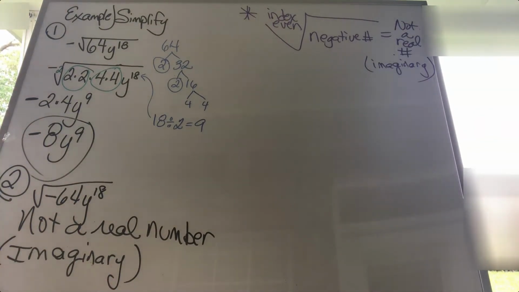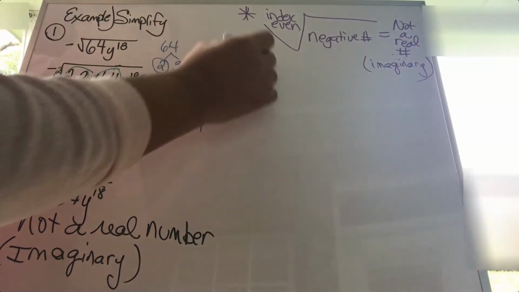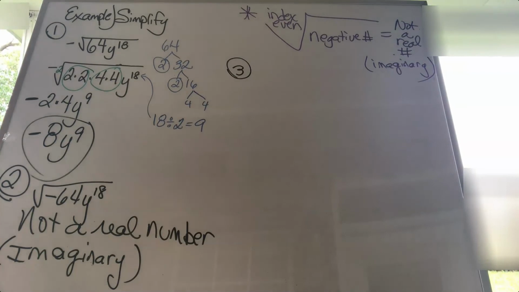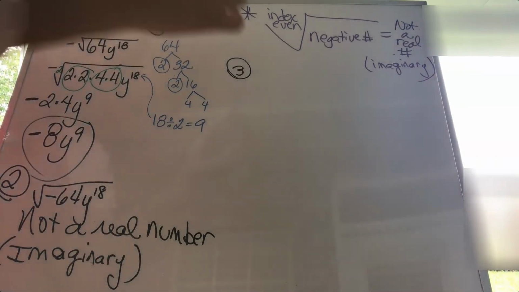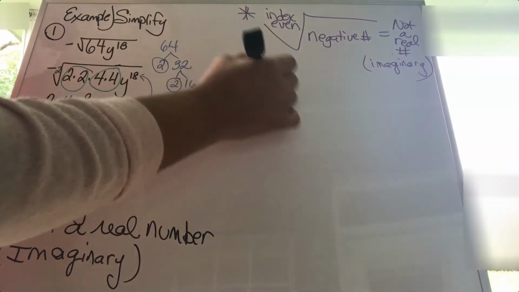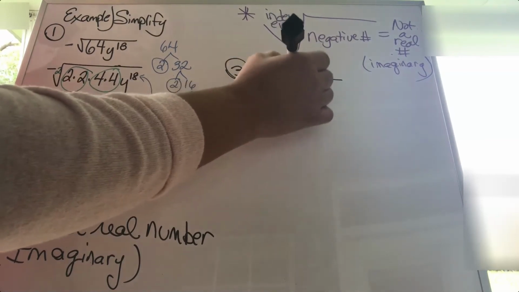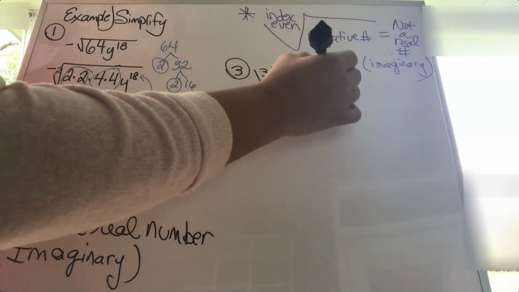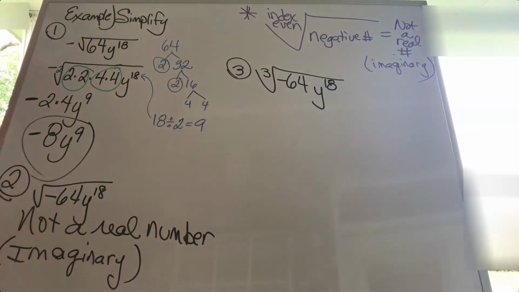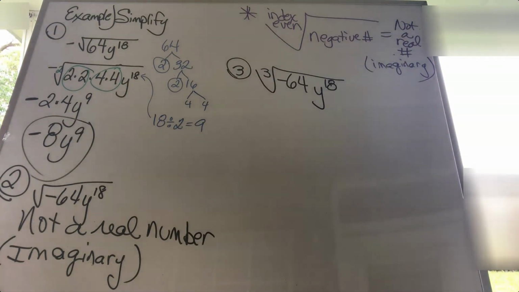Let's do one more example. This time, let's make it a cube root. So now instead of trying to find 2 of something, I'm trying to find 3 of something.